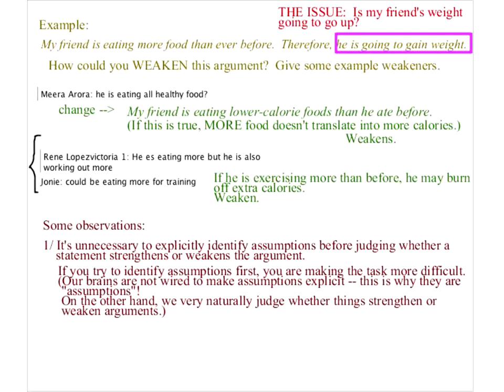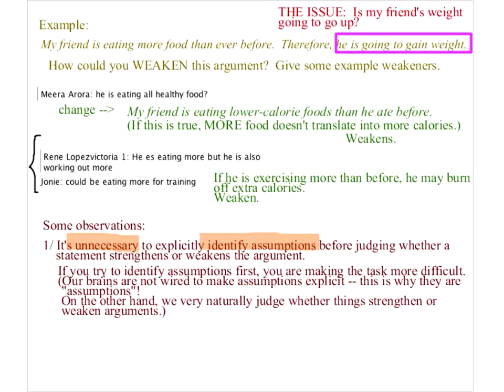You could say, no, it wasn't me, it was the kid down the street. It was magic. It was God. The baseball fell out of the sky. These are not particularly good weakeners, but that's not the point. The point is that they are weakeners, and as a 5-year-old child, you already understand that. So identifying assumptions makes your job harder, because that's not something your theoretical 5-year-old can do. It's not natural to us. Identifying weakening and strengthening, however, is very natural. So that's observation number 1.